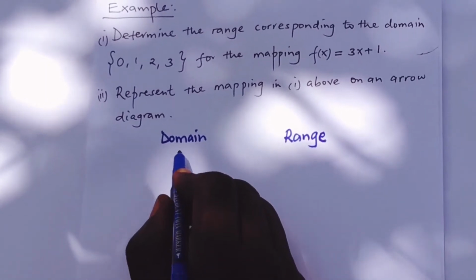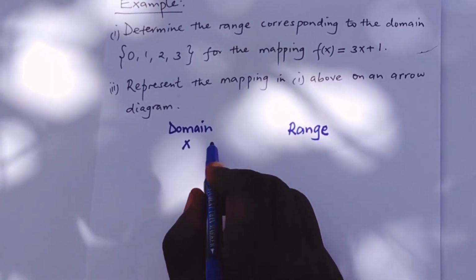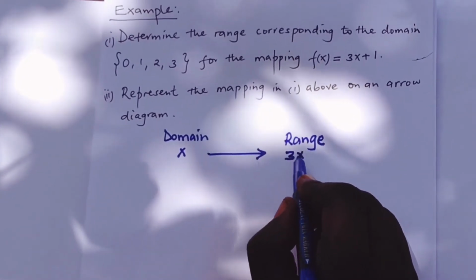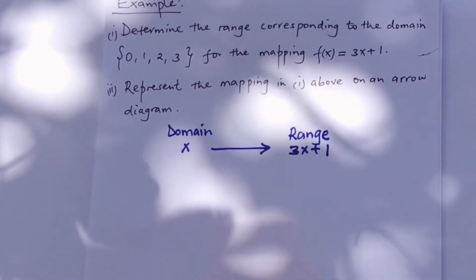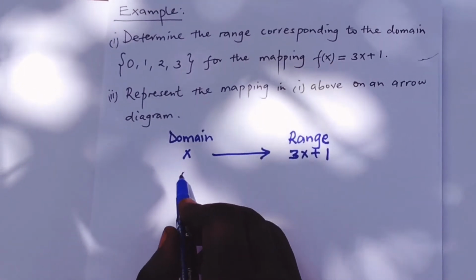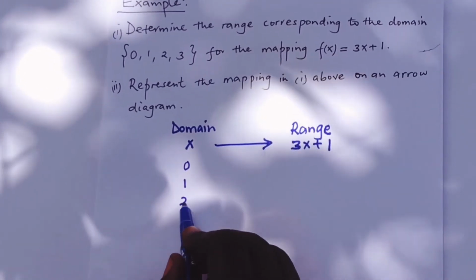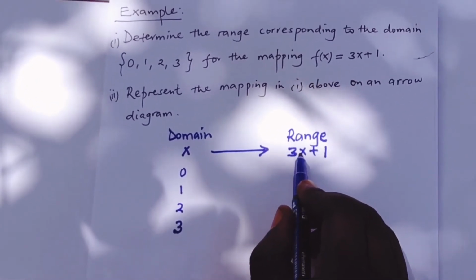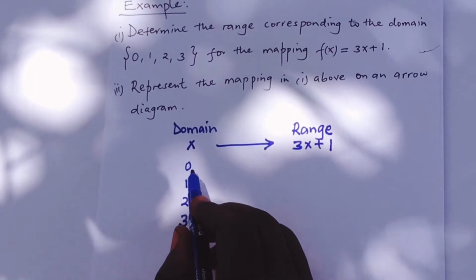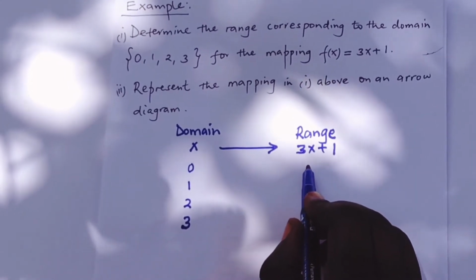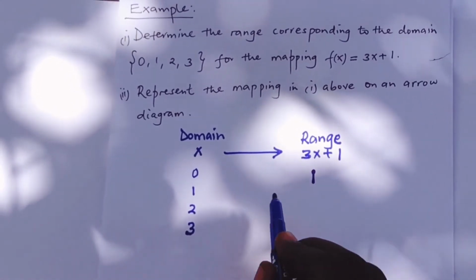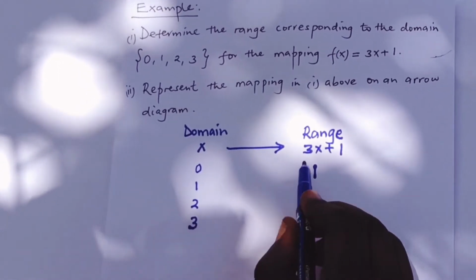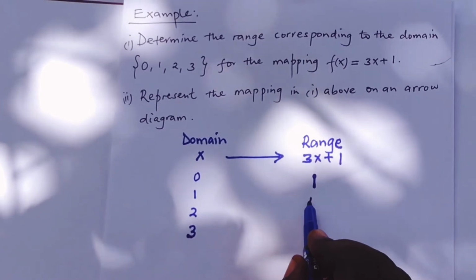The domain is a set of x values which is to be mapped into a set of f of x which is defined as 3x plus 1. So we have our x values as 0, 1, 2, 3, and now 3 times 0 is 0 plus 1, you get 1. And then 3x means 3 times 1, which is 3 plus 1 to give us 4.